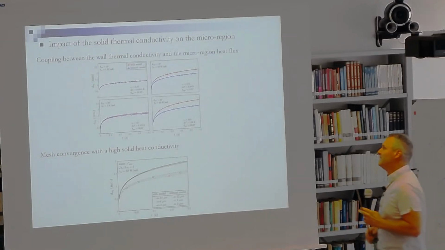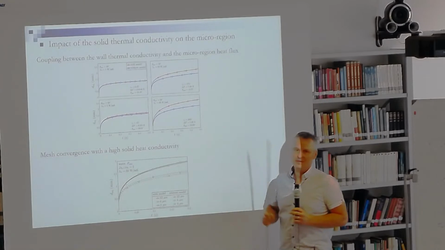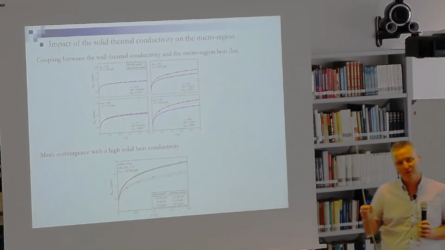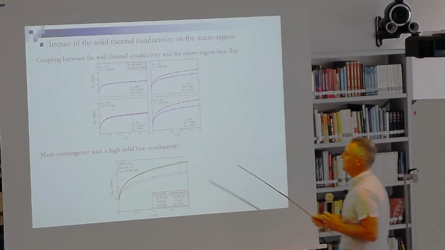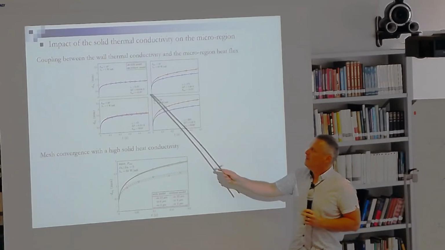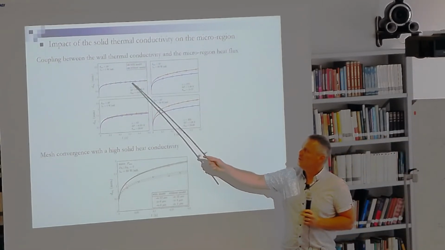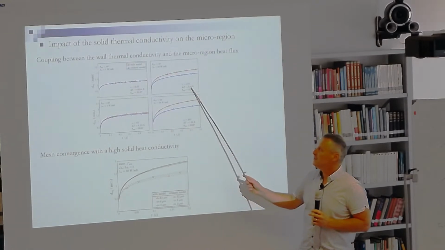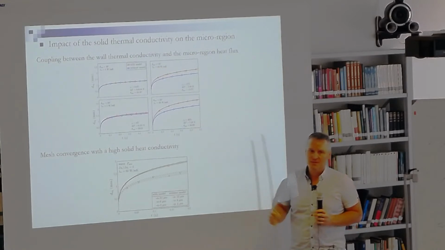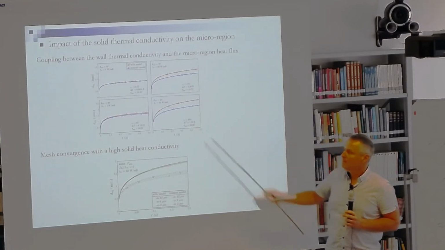And in the case where the thermal conductivity increases, it's more difficult to ensure the thermal equilibrium in the vicinity of the contact line, and then you observe a kind of temperature jump. In all cases, you have a temperature jump, but if the wall conductivity is low, this temperature jump is very low, and it increases with the wall thermal conductivity.